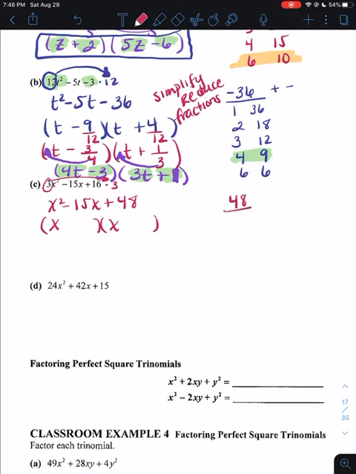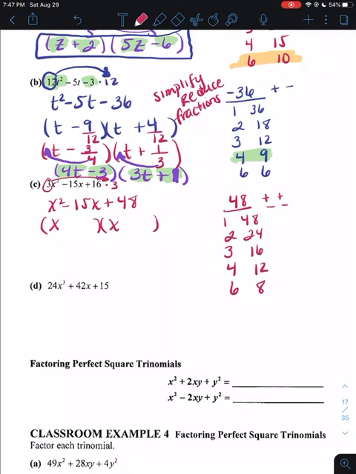In order for me to multiply and get a 48, I have to have 2 positive numbers or 2 negative numbers. The factors of 48: 1 times 48, 2 times 24, 3 times 16, 4 times 12, 6 times 8. Since they have the same signs, I need to add them together to get a 15.